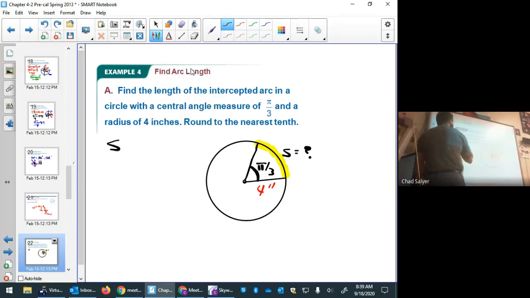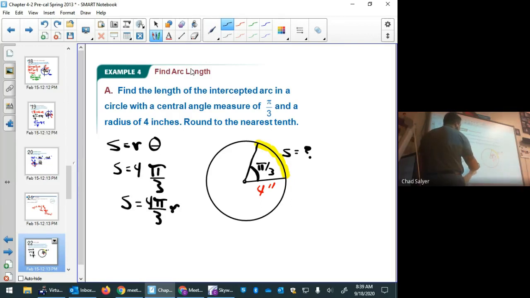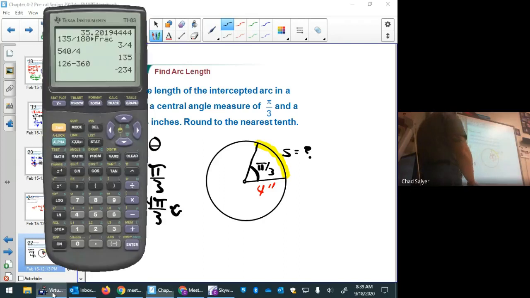So we're going to use S equals R theta. So S equals 4 times pi over 3, 4 pi over 3. Just round to the nearest tenth. So 4 times pi divided by 3 is about 4.2 to the nearest tenth.